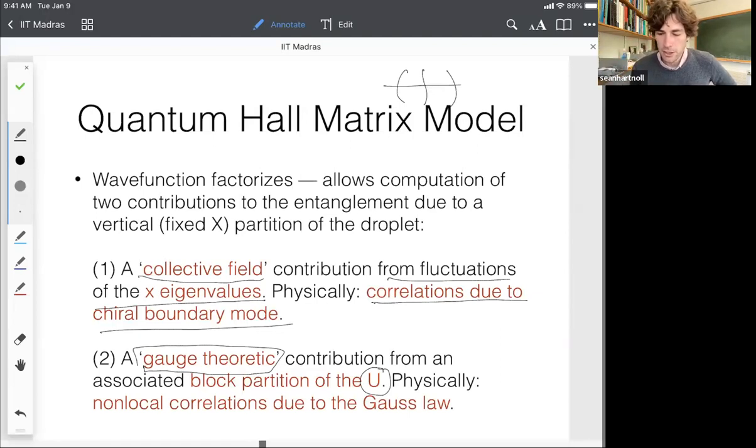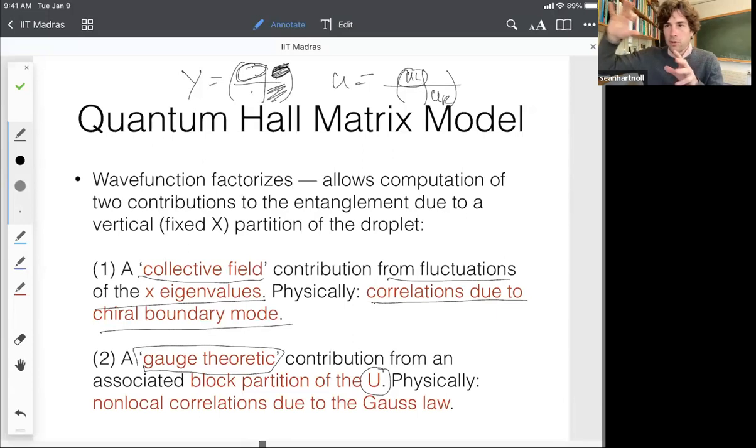And for example, this unitary here, so let this be U, and let this be Y, let's say, or one of the matrices. This U left acts here, but it also acts there. And this U right acts here, but it also acts there. And so these off-diagonal modes.